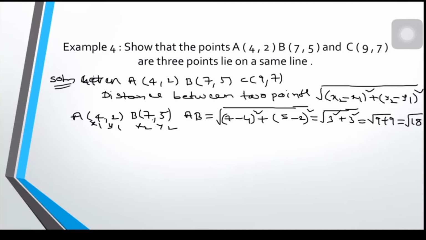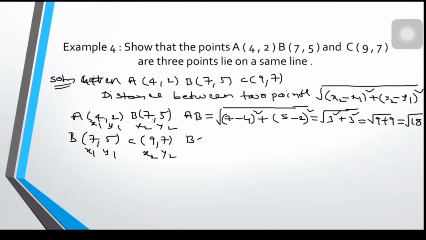Next, find distance BC. B point 7, 5; C point 9 comma 7; x1 y1, x2 y2.